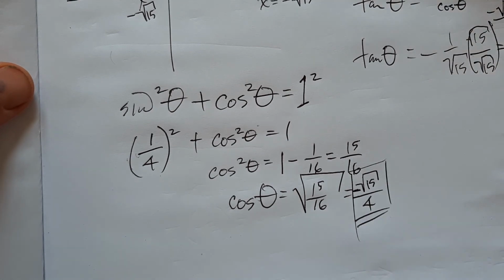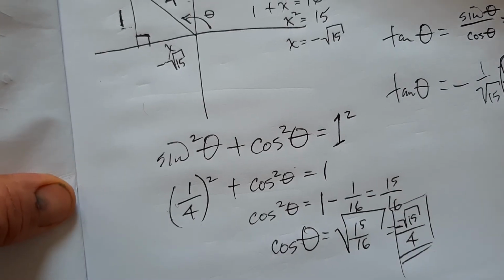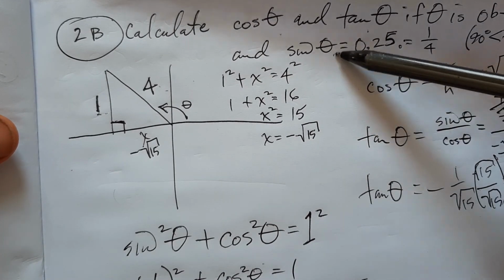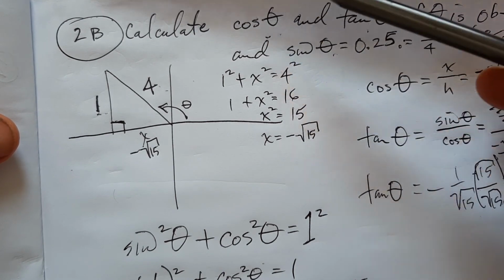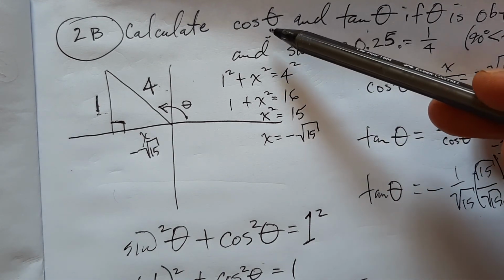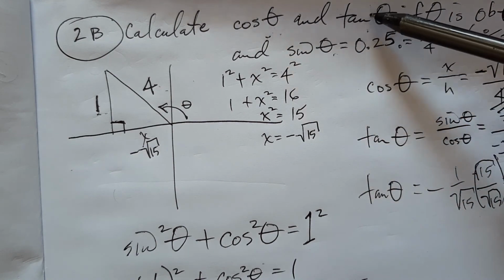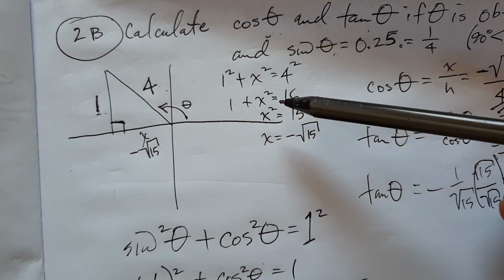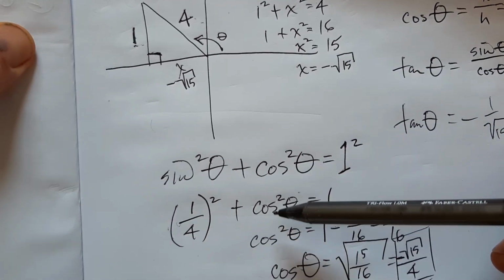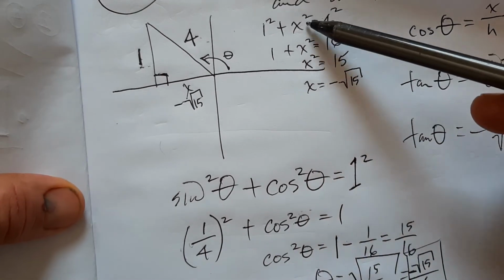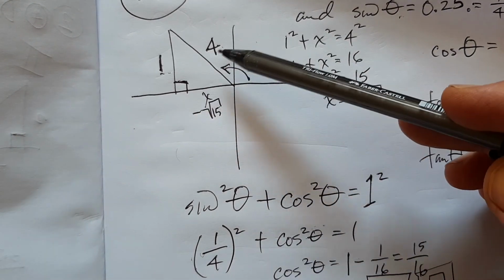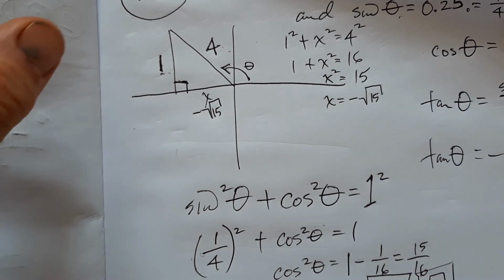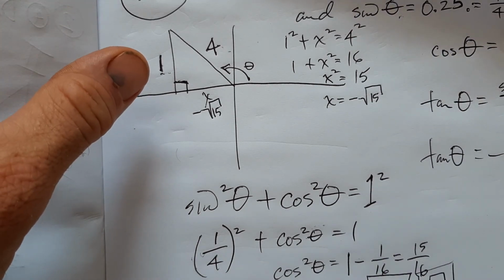I would hope on the test there'll be one like this, where they give you sine or cosine and tell you to get cosine and tangent or sine and tangent. It might be easier to use this than the long way. Trig identity. Okay, good luck. Great job.